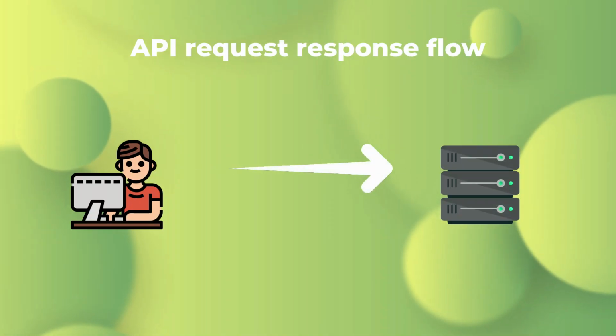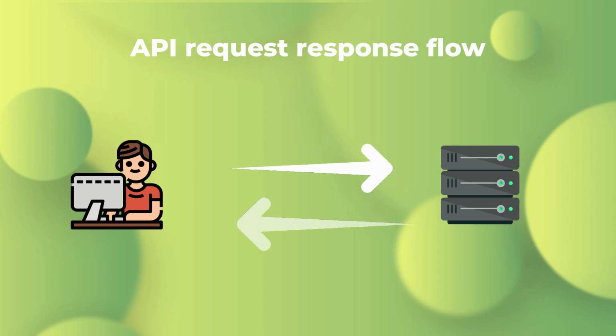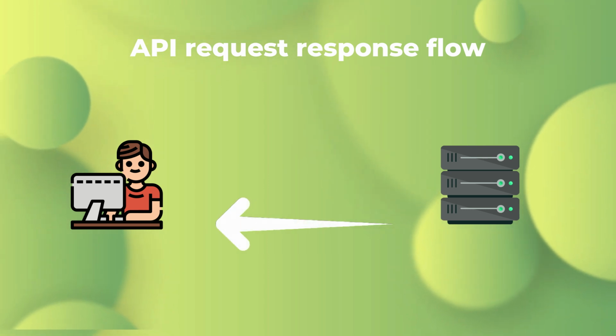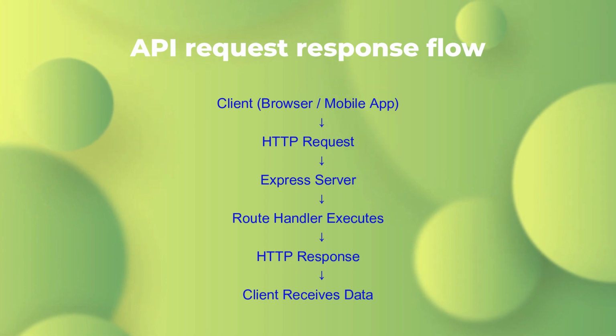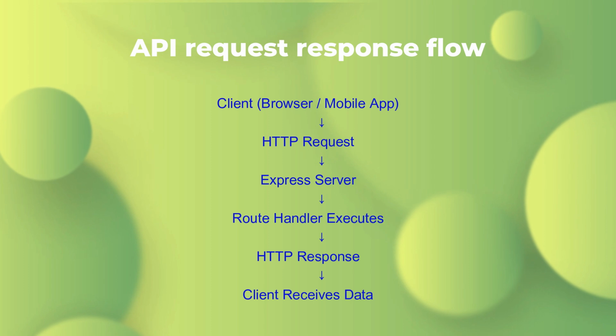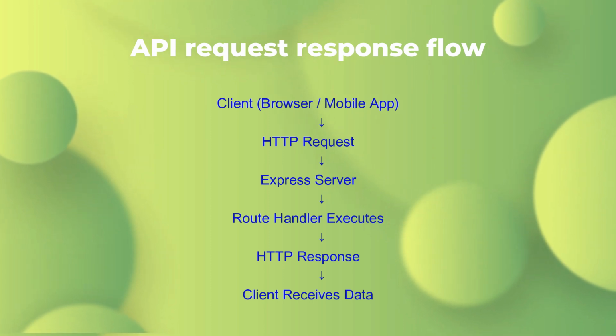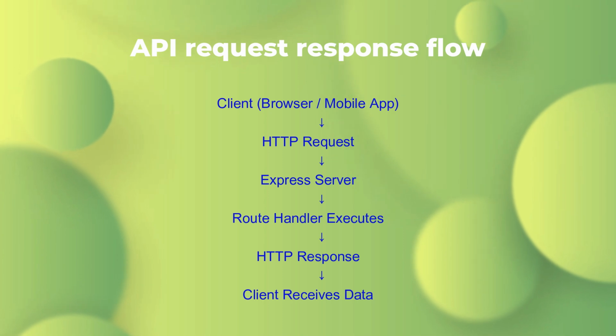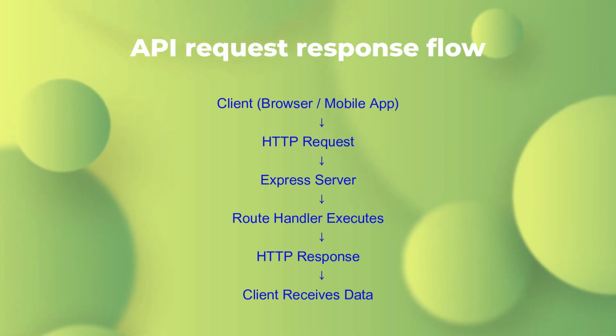Whenever a user opens a browser or hits an API, a request-response cycle happens, and the flow looks like this. The client makes the HTTP request, it goes to the Express server, finds the route handler and executes the code, and then the HTTP response comes back to the client.